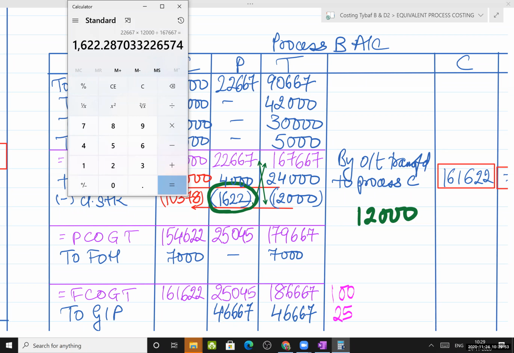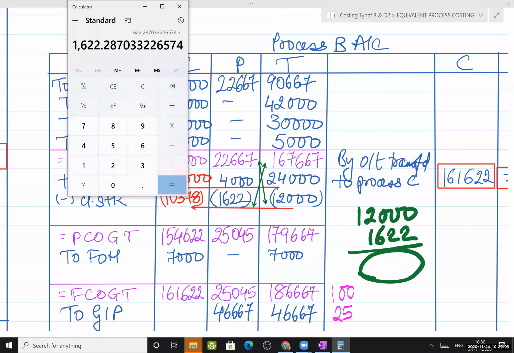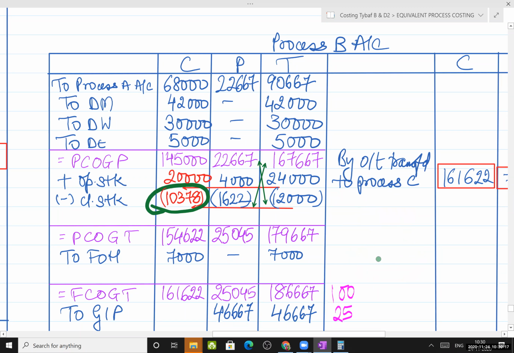So it comes to 1622.2, make it 1622. Okay. So 12,000 में से 1622 is profit. तो बाकी जो बच गया that is cost. So 10,377.77, that is 378 is my closing stock का cost price.